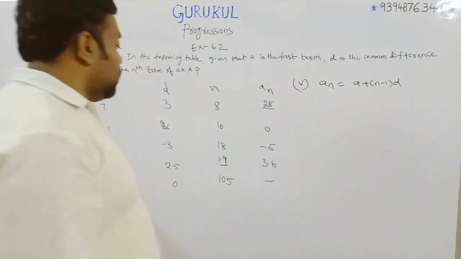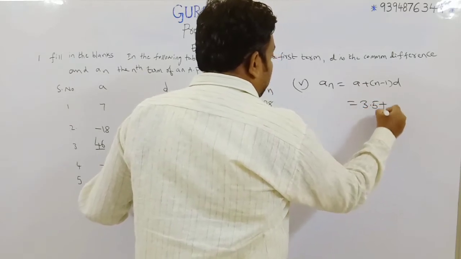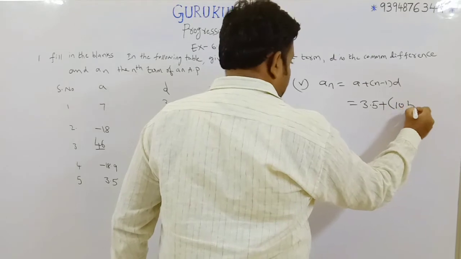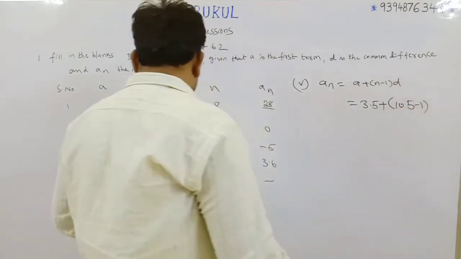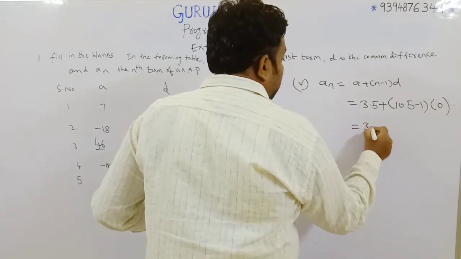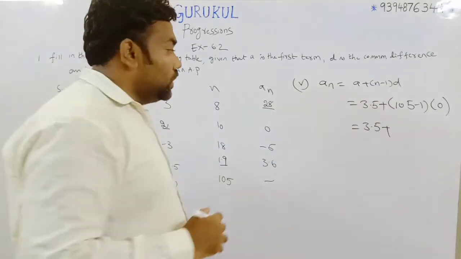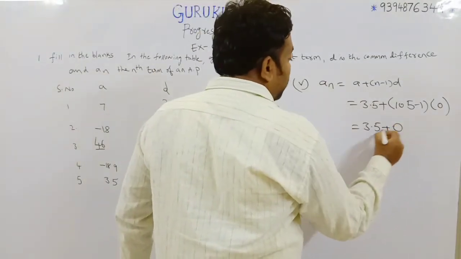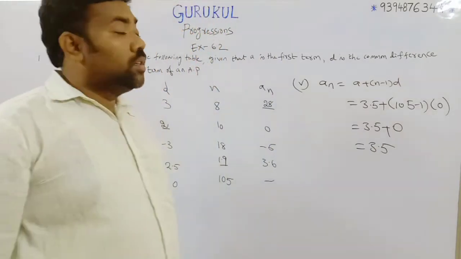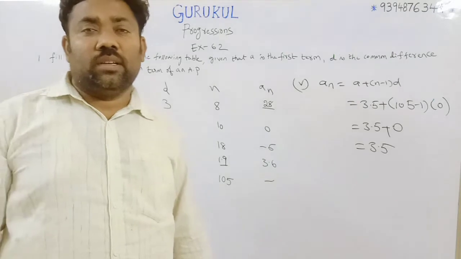What is the a value? 3.5 plus n value 105 minus 1 into d value 0. 3.5 plus 0 into something is 0. 3.5 plus 0, 3.5. So this is the fifth one, also completed.